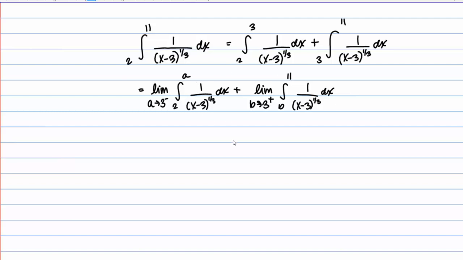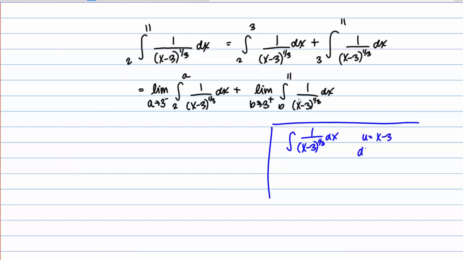Now I have the same integrand both places here, so let's just figure out what that is out to the side. If I just look at the indefinite integral, I have 1 over the quantity x minus 3 to the 1/3 power dx. We can just do a quick u substitution here and let u equal x minus 3, and du would be dx.